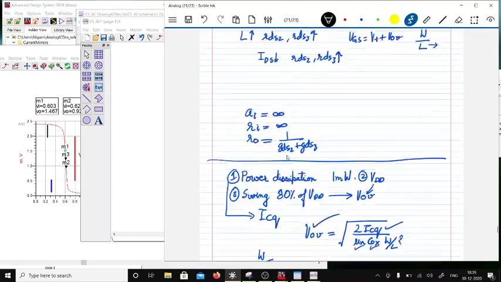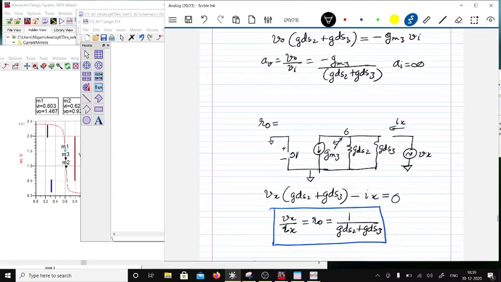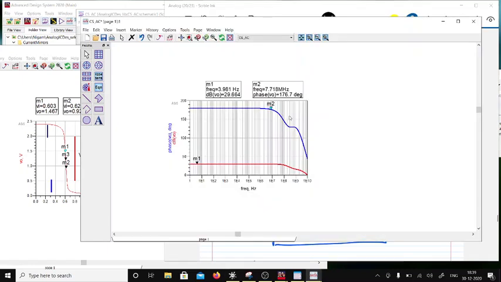So that RC time constant, or the first pole, will come from the Miller capacitance referred to the input. Then there would be a roll off of 90. So this is 180, and this becomes 90 somewhere, right?